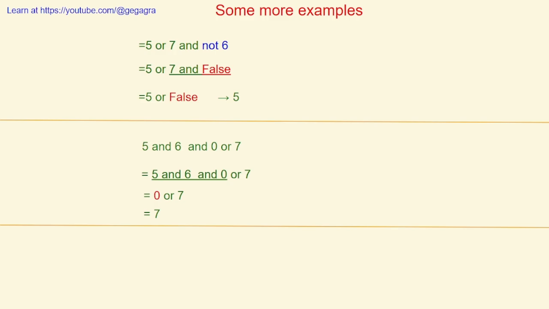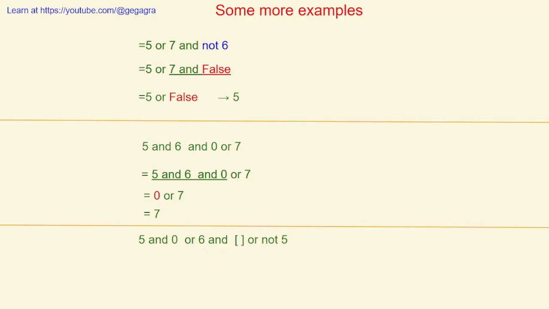But over here, these are mixed logical operator expressions, such as 5 and 6 and 0 or 7. So and is there and or is also there, and here we have to evaluate the expression. So my next example.